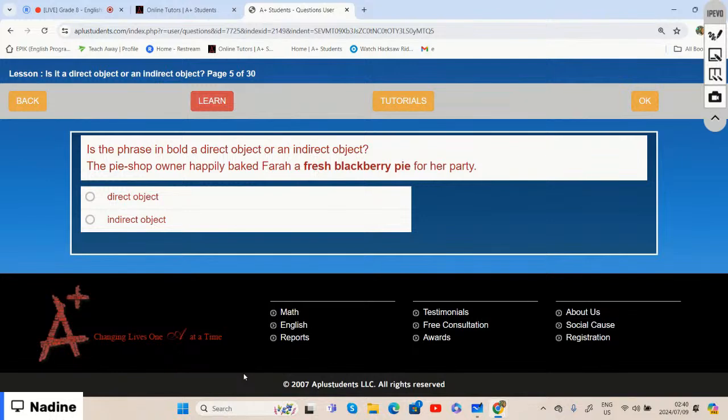We need to say if the words, which are fresh blackberry pie, are a direct object or an indirect object.